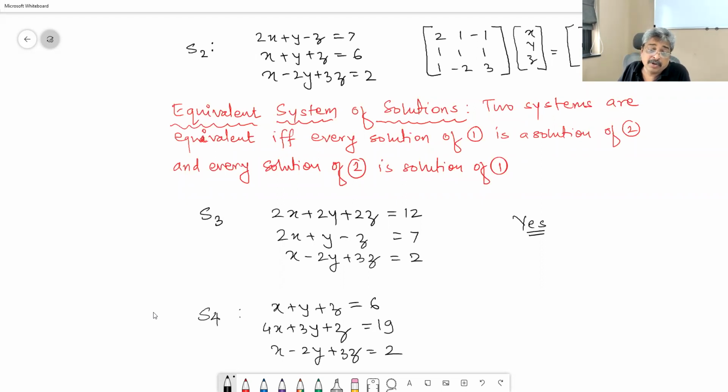Now we really do not know whether it will give us the same set of solutions or not. Are S1 and S4 equivalent? Think about it, and you need to give me a reason why they should be equivalent, and if they are not, why not.